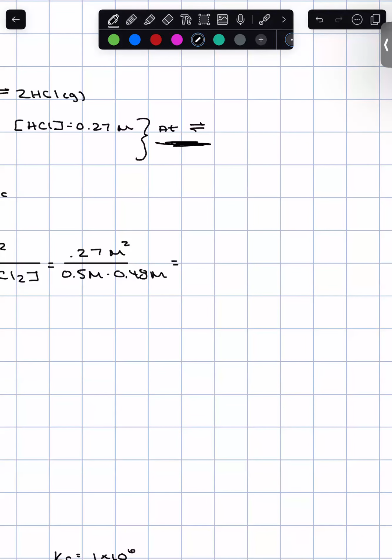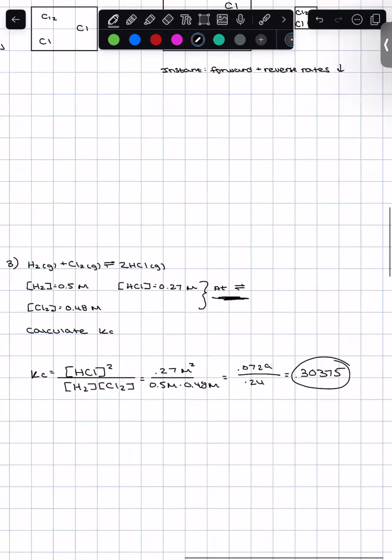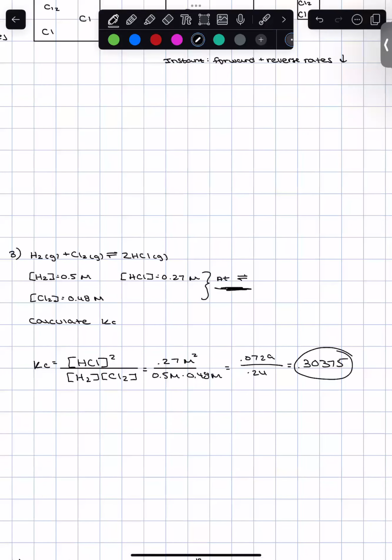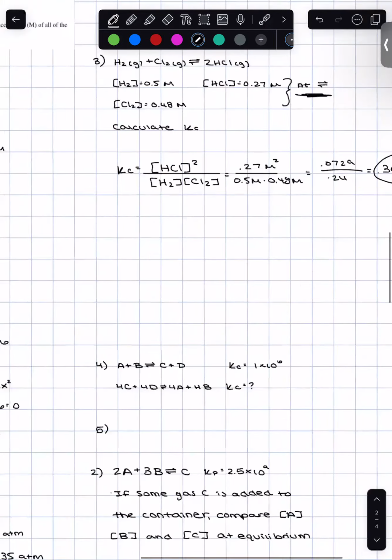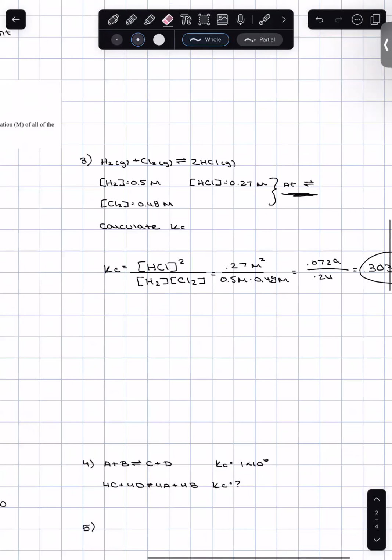And then you can run that calculation to get that. Any questions on how to do that? Cool, good. Very foundational concept there. Just wanted to make sure that we were on the same page with that.